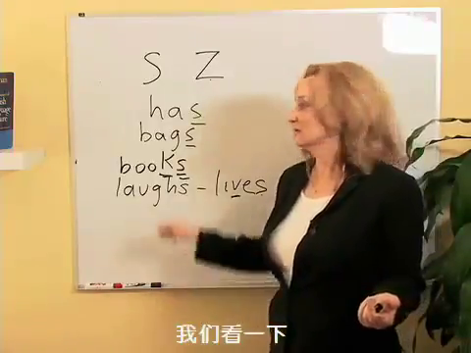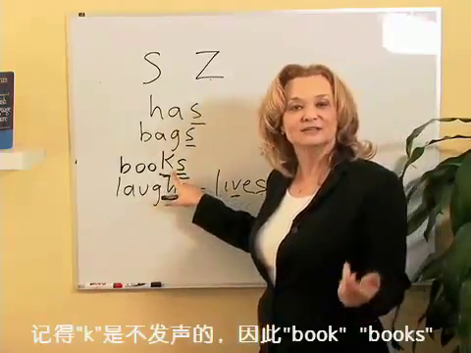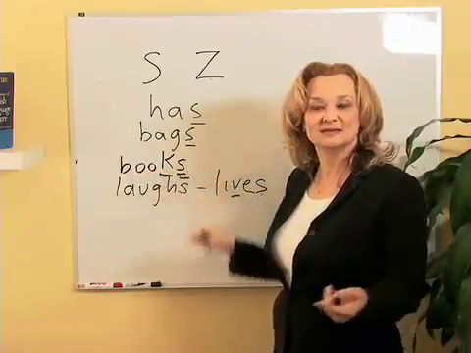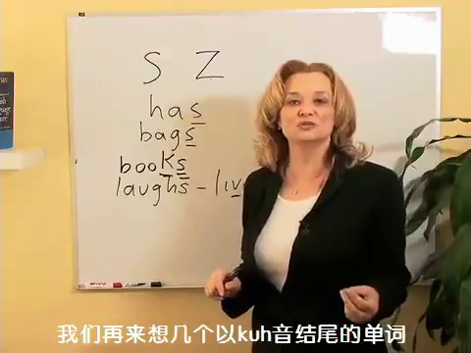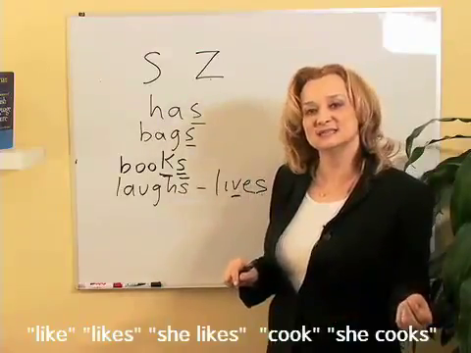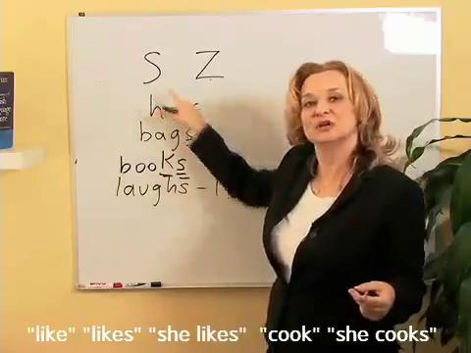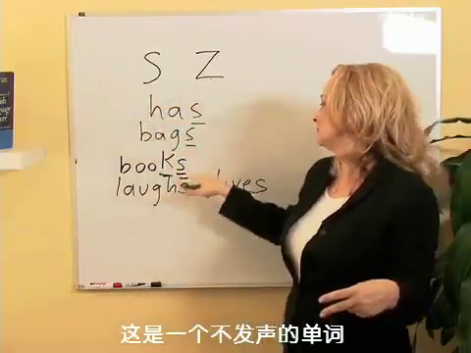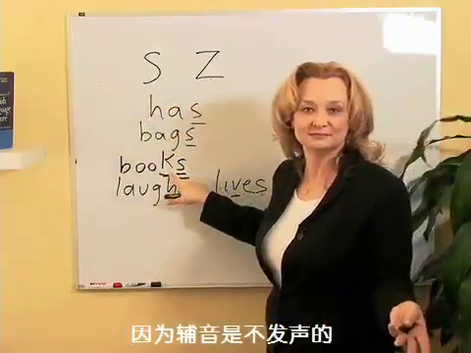Let's try some more. Remember, K is voiceless, so "book," "books." Let's think of some more words that finish with a K sound. Like, "likes," she likes. Cook, she cooks. It's voiceless because the consonant is voiceless.